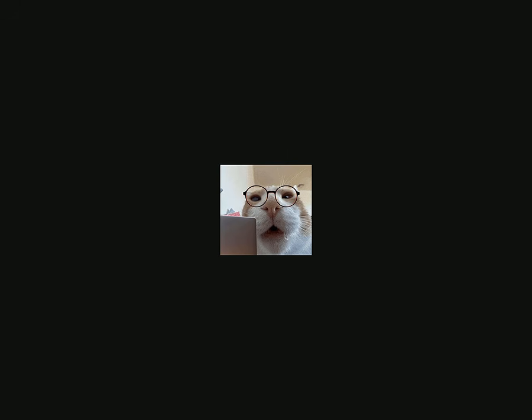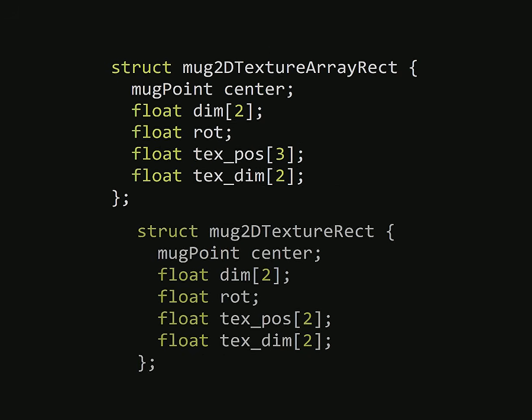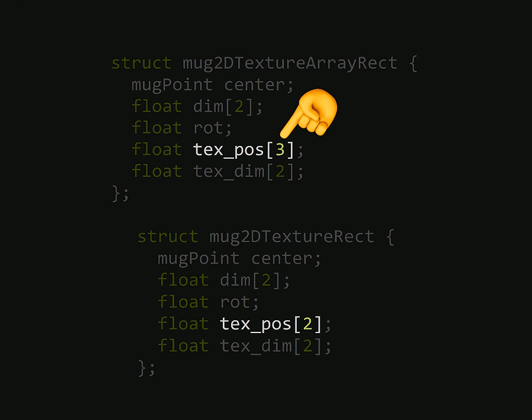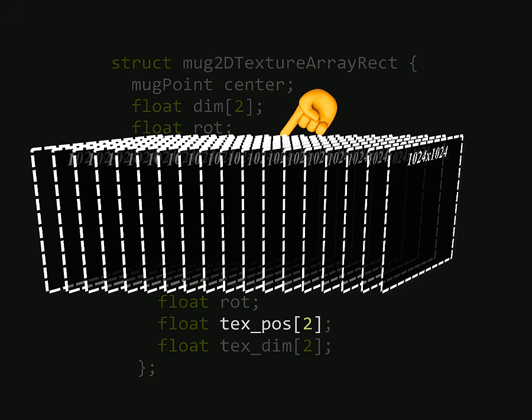So naturally, I want to implement texture arrays in mug, which was also fairly easy to do. I created the texture array rect, which is the same as the normal texture rect, except for with an extra Z coordinate in the texture cutout's position that dictates which layer in the texture array is being cut out and rendered onto the rectangle.